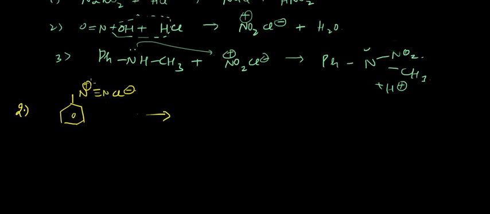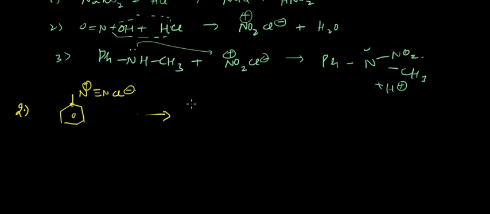N2 gas would be released, and we'll get a free radical on this benzene ring. Then Cl dot would be attacking this free radical to form the chloro compound.